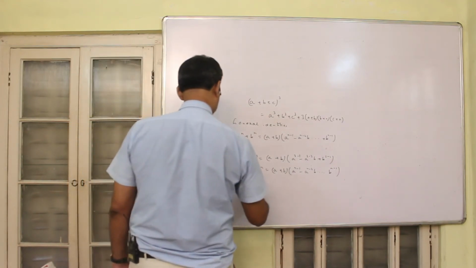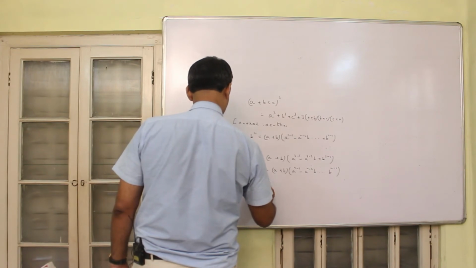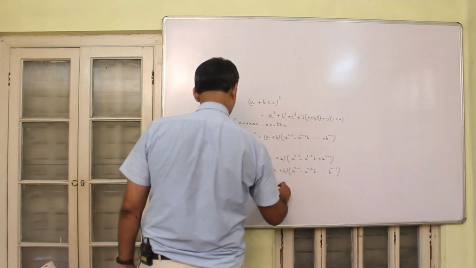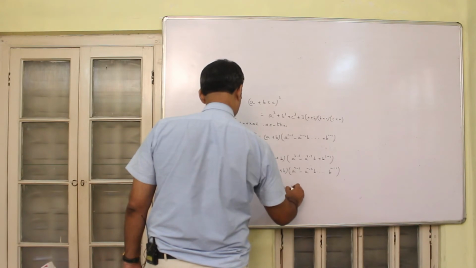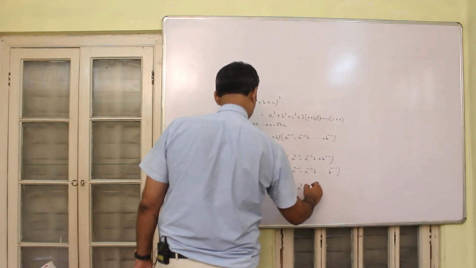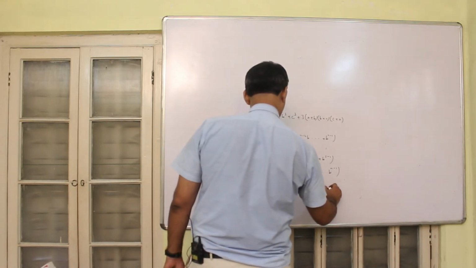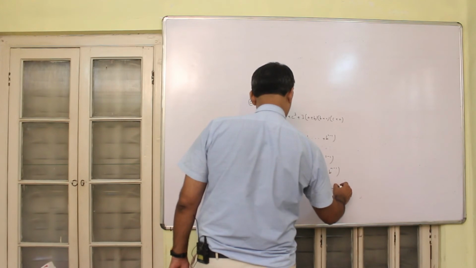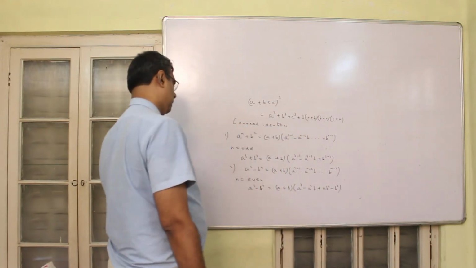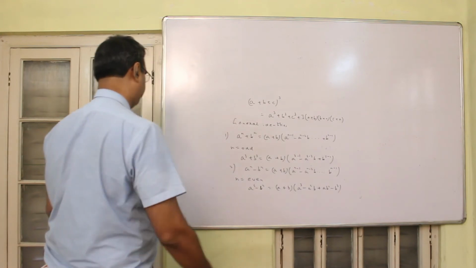So let's have a usage of this identity. Suppose a to the power 4 minus b to the power 4. So we can write it as (a plus b) into (a cube minus a square b plus ab square minus b cube). So this is a very important identity if n is even.